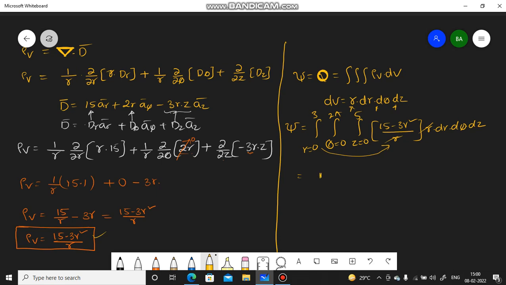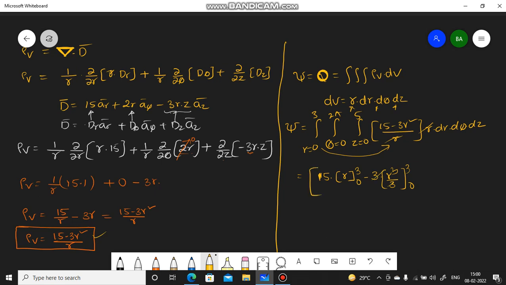That is 15 into 1 with respect to r, so it is r, with limits from 0 to 3, minus 3 into the integration of r square, so it is r cube by 3, with limits from 0 to 3, and the 3s get cancelled here.